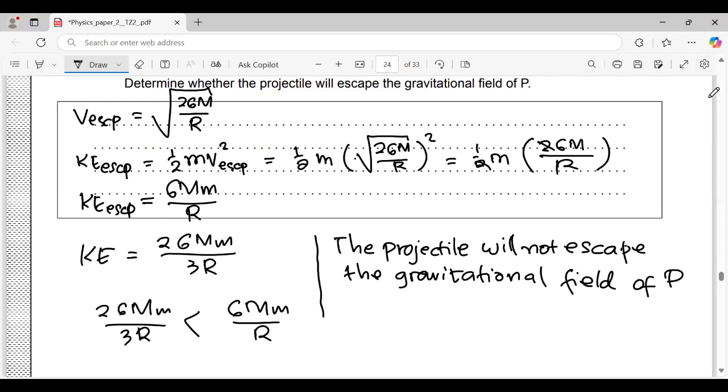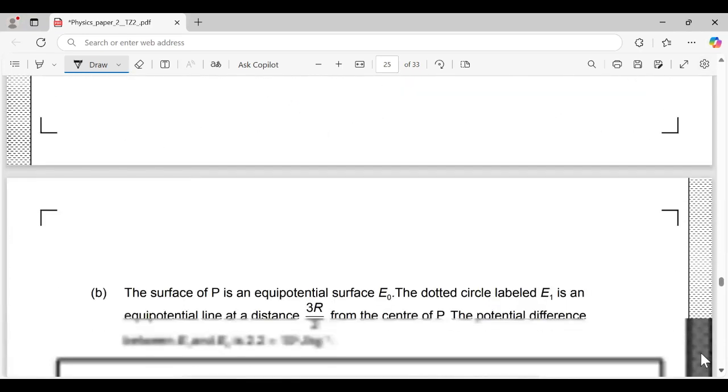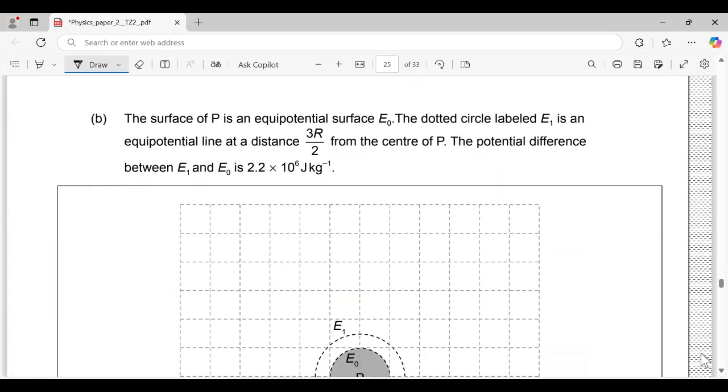Next. I think this is clear. Next, part B. The surface of P is an equipotential surface E0. The dotted circle is labeled E1.